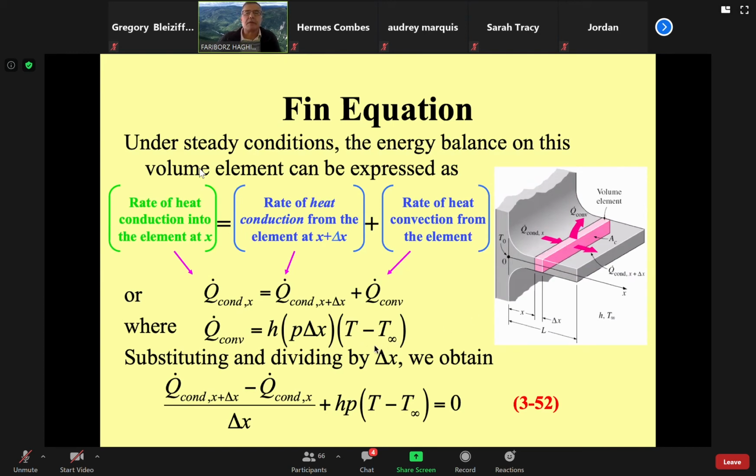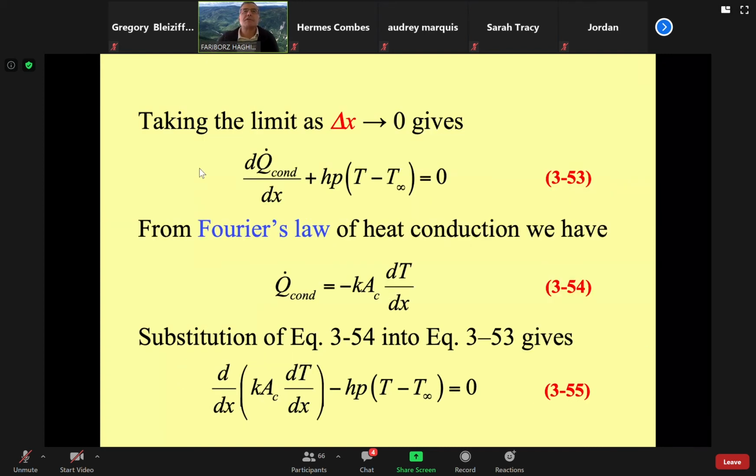Therefore, if I simplify this equation, the Qx conduction minus Qx plus delta x, again, I can use Taylor expansion to simplify this part, and divided by delta x, P becomes here hP divided by delta x, and so on. Therefore, I take the limit and push delta x to 0, which changes to a differential equation that will end up here.